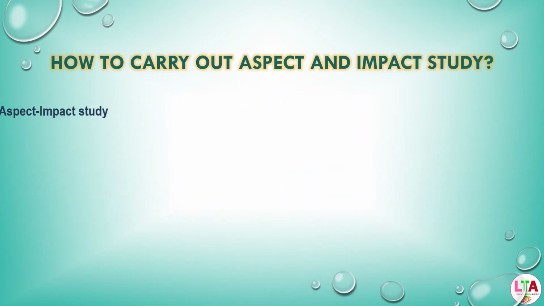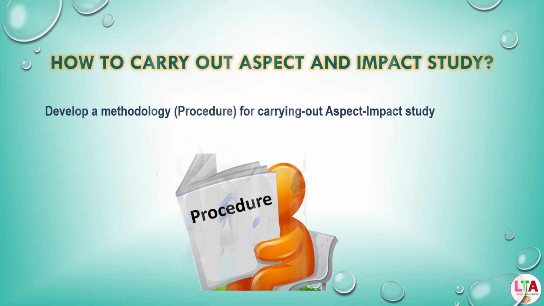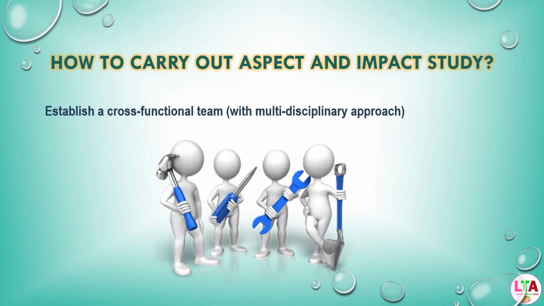The first and foremost thing for an aspect and impact study is to develop a methodology or procedure for carrying out the study. The next thing we need to do is establish a cross-functional team with a multidisciplinary approach.